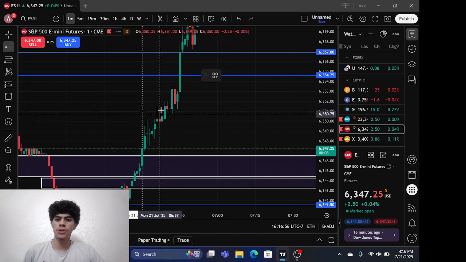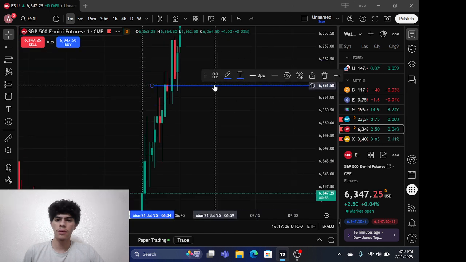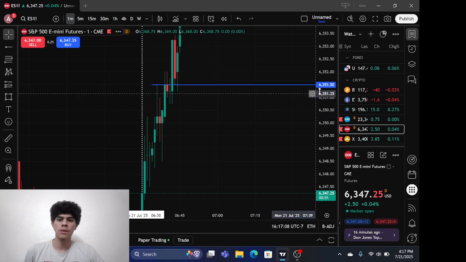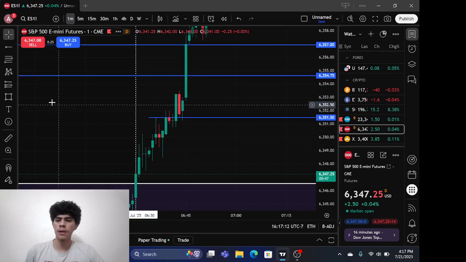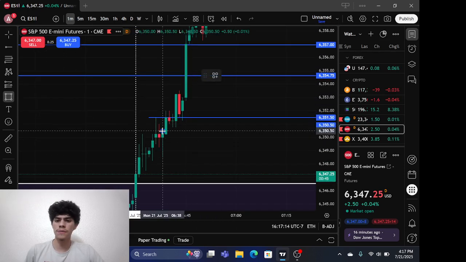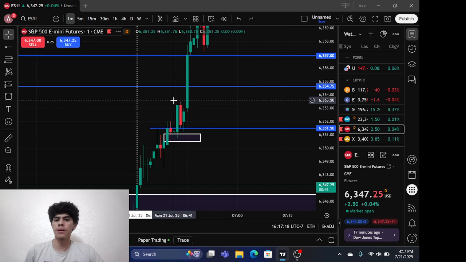We're waiting for a break of structure. We get it right here. Right there, we get that break of structure. And then we also filled up this fair value gap right here. And we got a big move up right here.